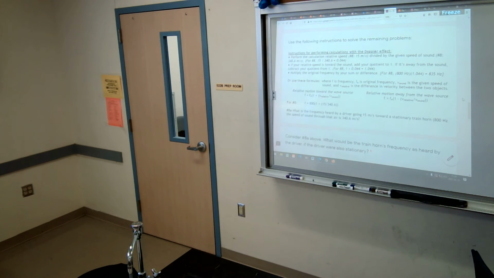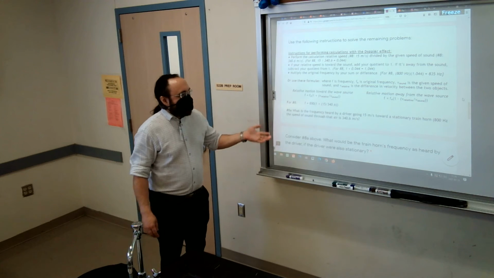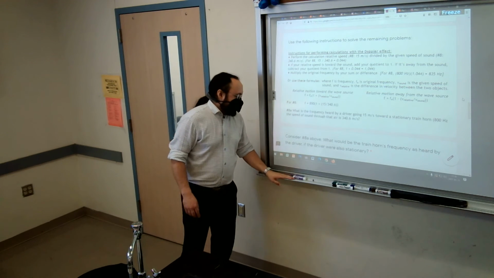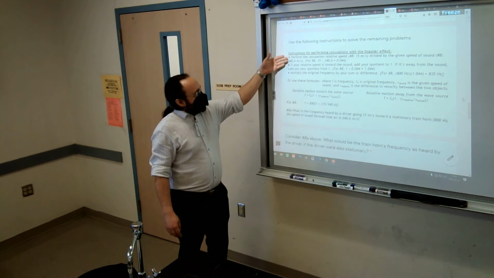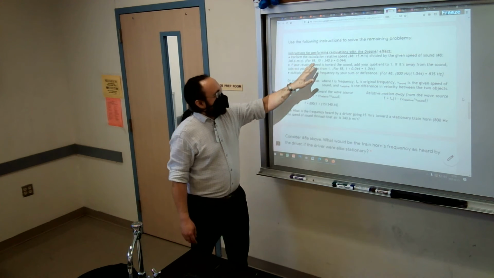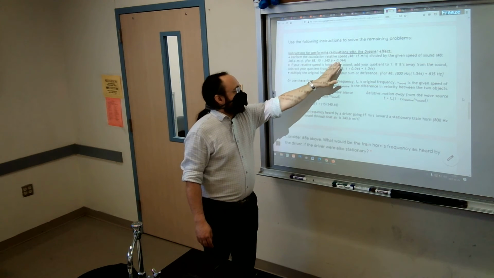There we go. So here's an example that I did that's doing math. I gave you two ways to do math on some of these questions. Half of them are conceptual about the Doppler effect, and half of them are doing math. One way is you can follow these steps. First, figure out how much relative motion there is relative to the speed of sound, and you get a number that way.